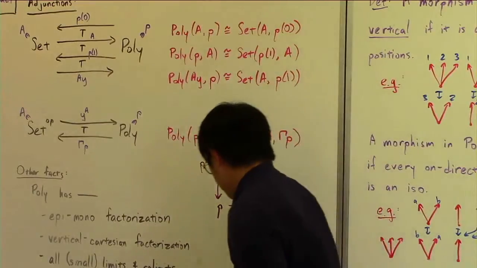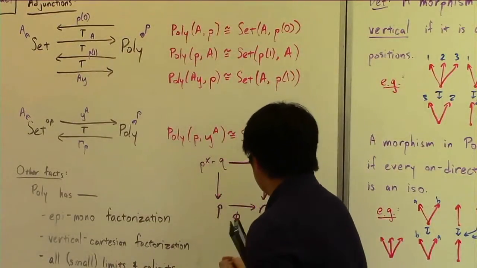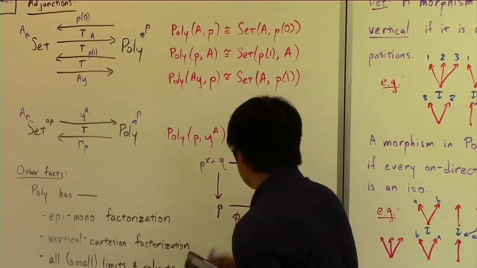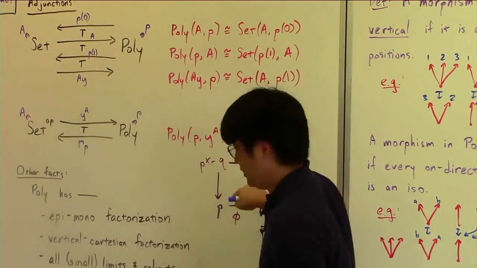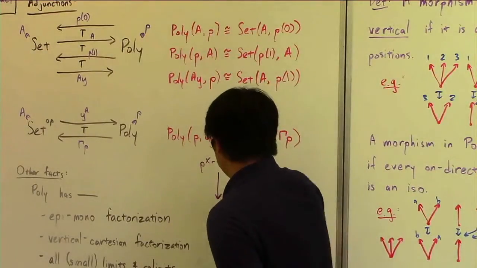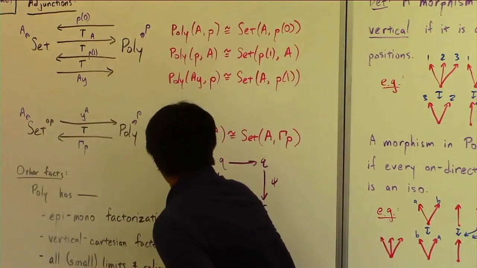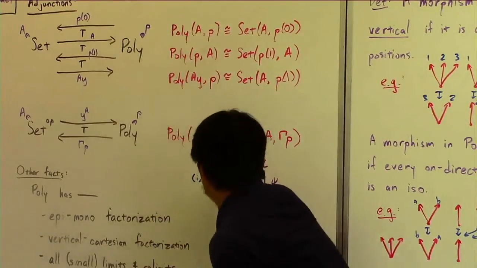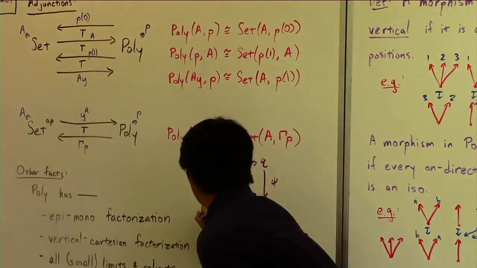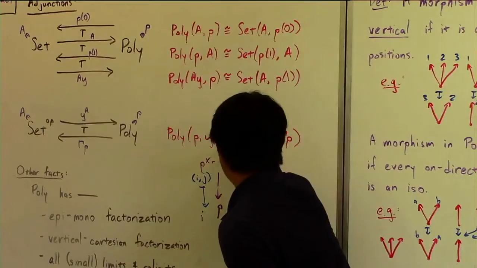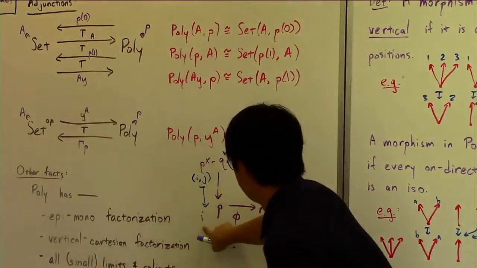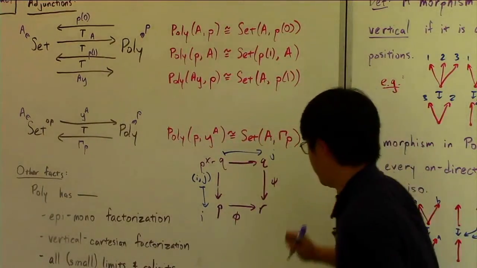The way we can do that is we pick some specific position up here in this pullback. Let's say we pick a position (i, j) that maps to i down here and maps to j over here. So a position i of p and a position j of q.